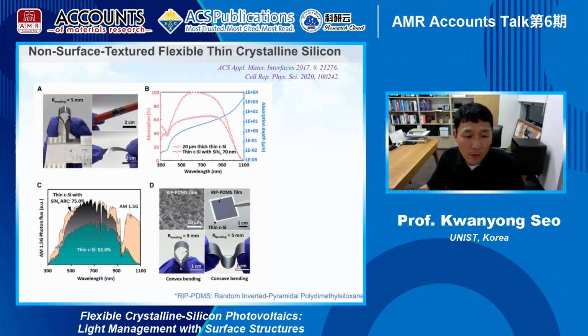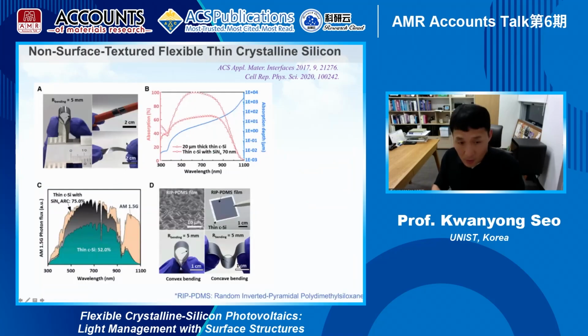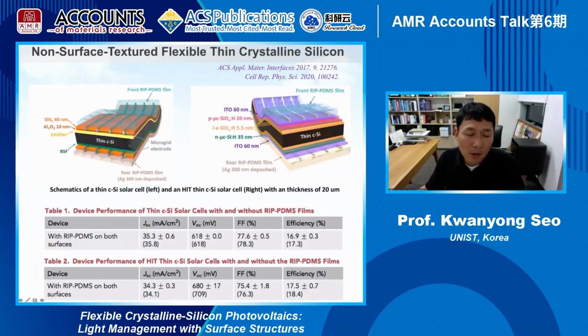So finally, we fabricate the device, a conventional homojunction solar cell and then a heterojunction solar cell, with a crystalline silicon wafer of almost 20 micron thickness, and then we apply the pyramidal structure patterned PDMS film onto the solar cell.